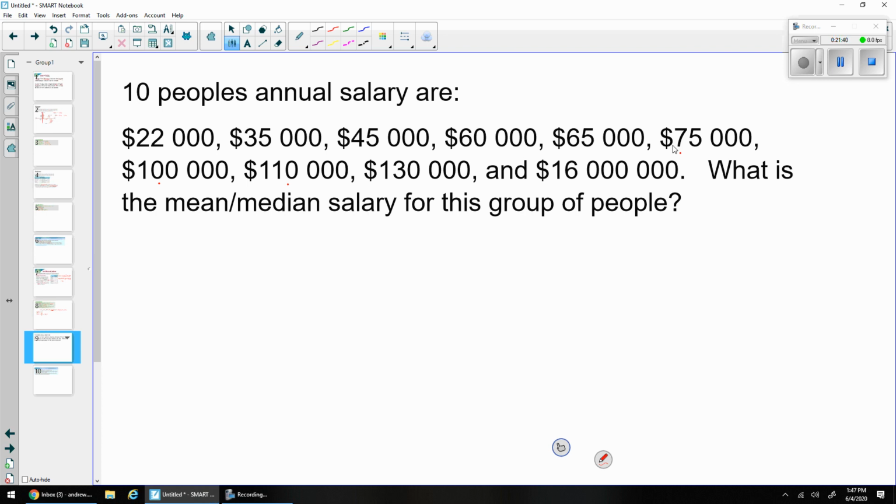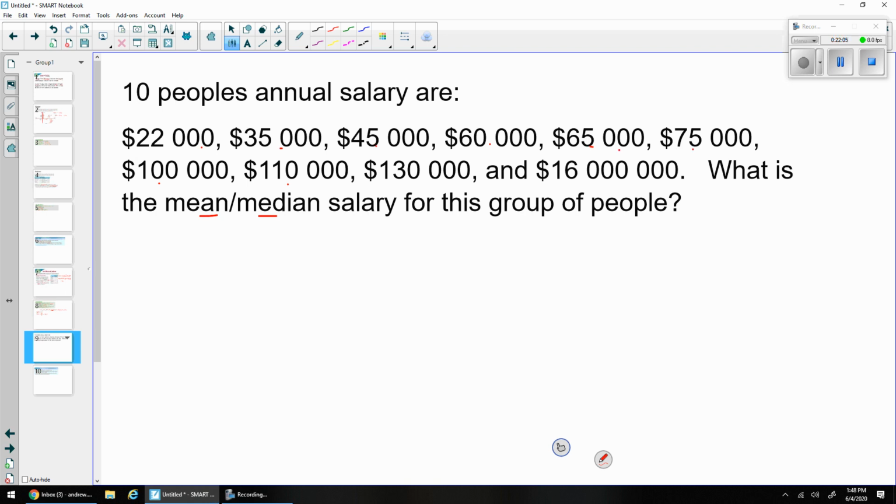But this last one here is 16 million, which there are some people who make that. So if you had these 10 people and you said, oh, what's the average amount that we all make? How do these get affected? Well, let's look at the mean and the median here. The median would be in the middle. So if 10, that'd be between the 5th and the 6th. 1, 2, 3, 4, 5.